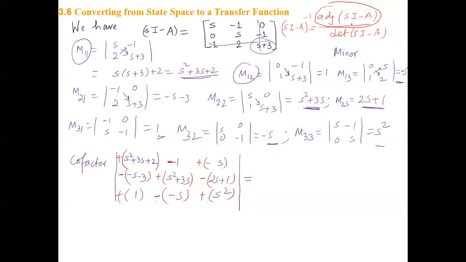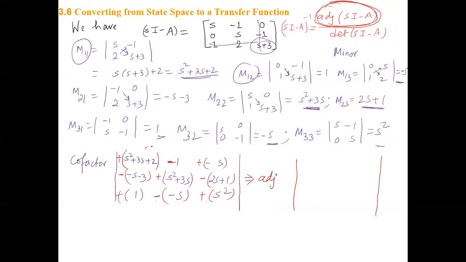Okay. Now from cofactor you can find the adjoint. How do you find the adjoint out of cofactor? You have to take the transpose. Adjoint is transpose of cofactor.